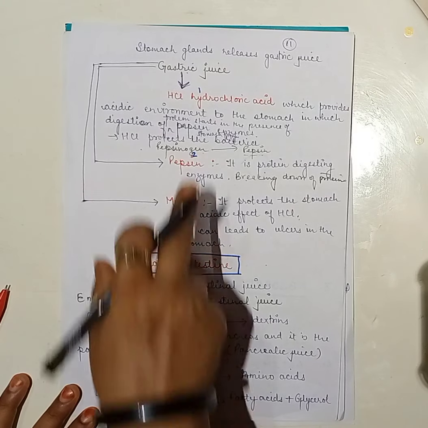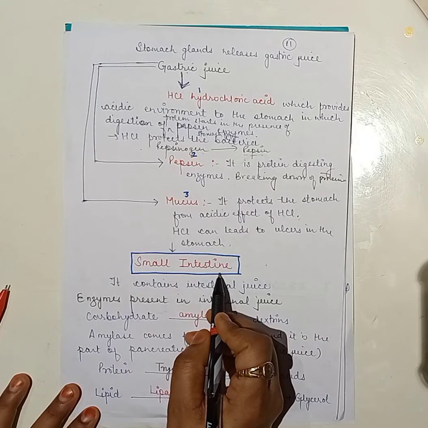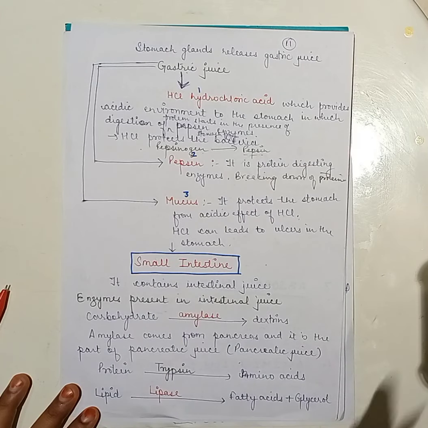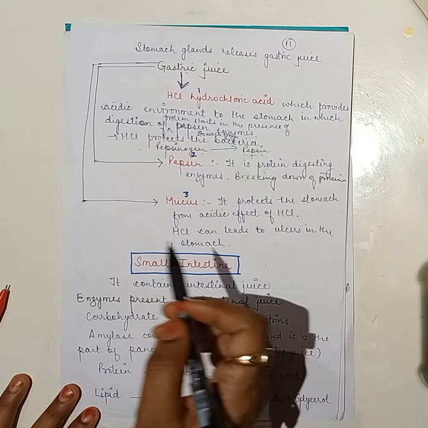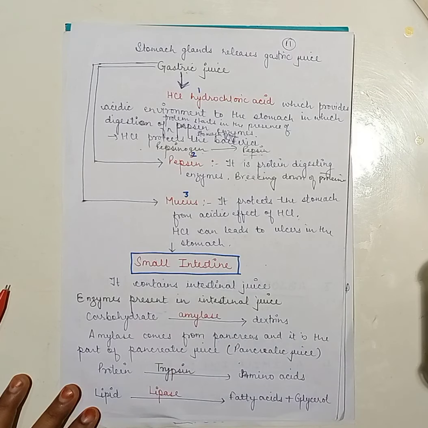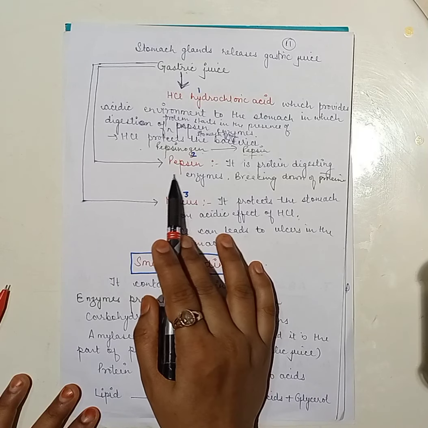Now after the stomach, the food will come to the small intestine, that partially broken down food, not completely broken down, because in the mouth the ptyalin enzyme is present, and in the stomach pepsin is present.